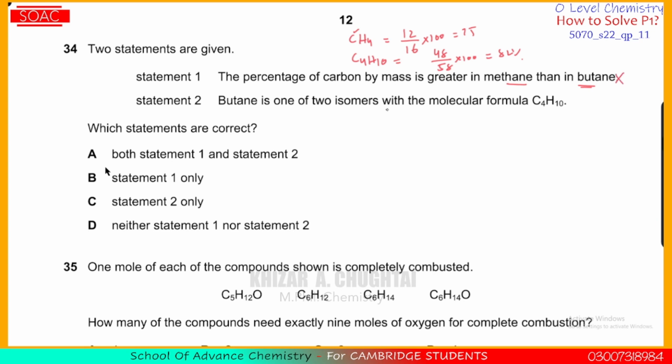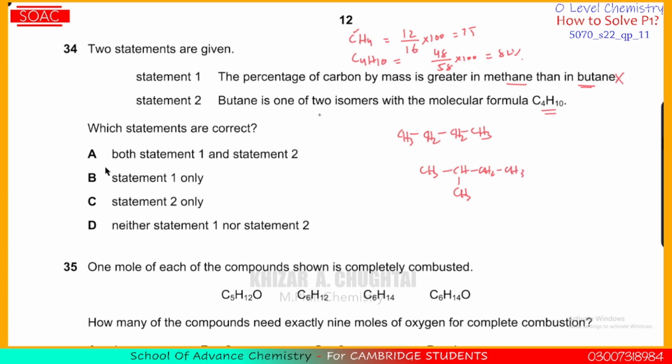Butane is one of the two isomers with molecular formula C4H10. Yes, it could be. The two isomers are normal butane, CH3CH2CH2CH3, and the next isomer, CH3CH(CH3)CH3.